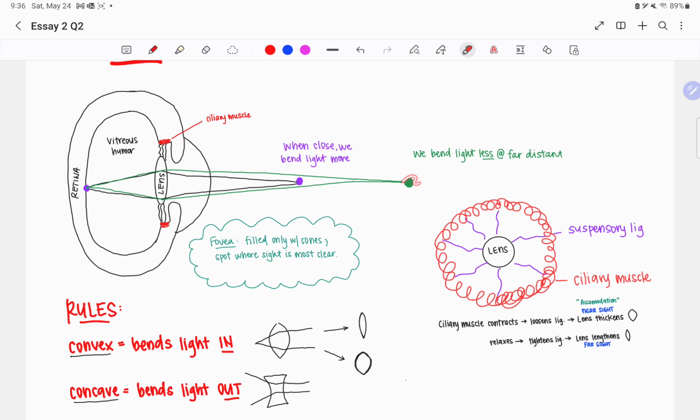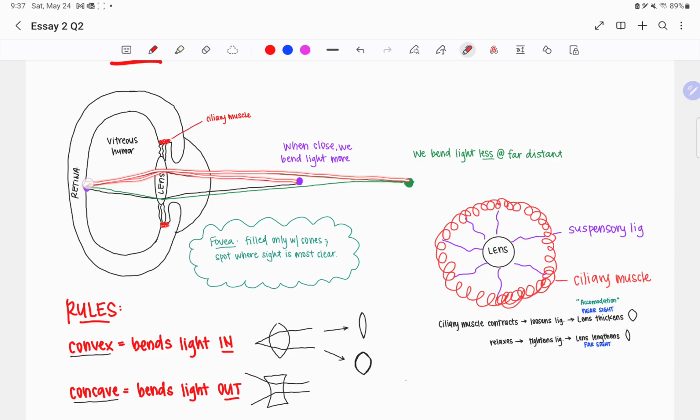I don't know if you can see in my drawing here, this is a far object, this is a near object, but when this gets to this point, it has to bend it more than here. This doesn't change a whole ton. It's pretty straight, okay? Obviously, it's not a perfect drawing, but that is how our eyes work.